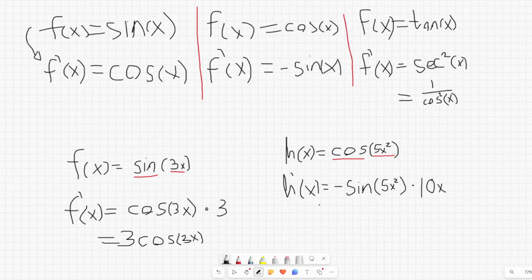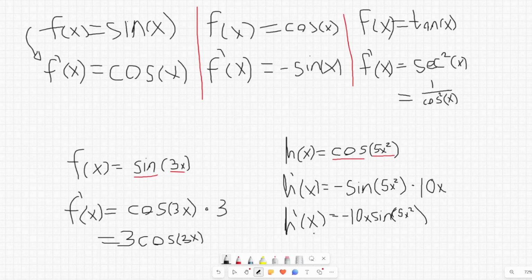Alright, so you can rewrite this as equals minus 10x sine 5x squared. Alright, and boom, that's your derivative for that one.